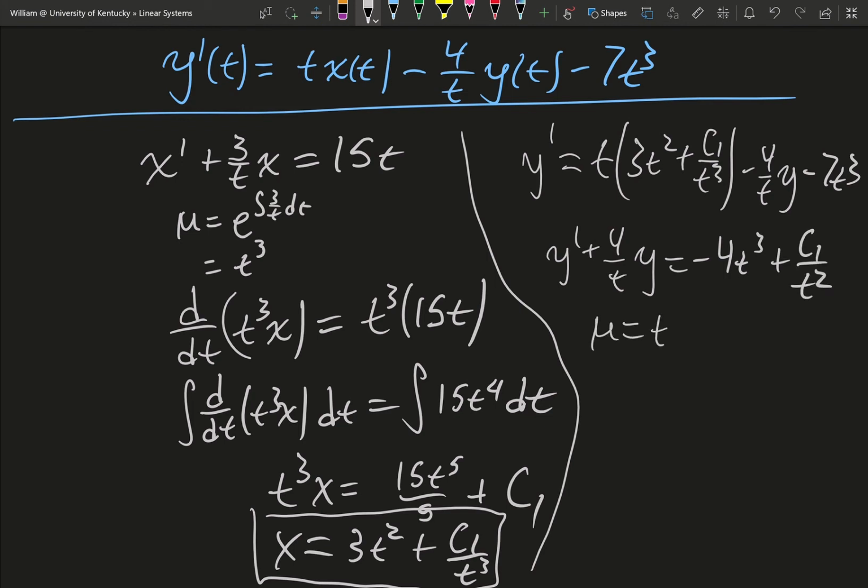Our integrating factor is going to be t to the fourth. And so we have the derivative t to the fourth times y is equal to negative 4t to the third times t to the fourth is t to the seventh, plus c1 t to the fourth over t squared is t squared on top.